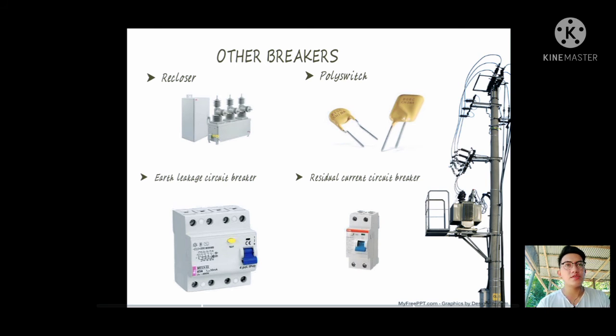Next is the residual current circuit breaker. A CT core is energized from both the phase wire and the neutral wire. Then the polarity of the phase winding and neutral winding on the core is chosen. In normal condition, the MMF of one winding opposes that of the other.